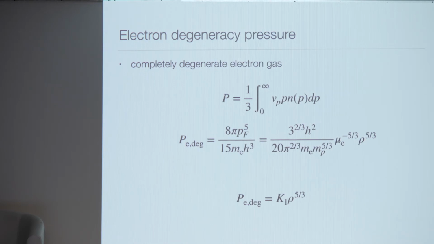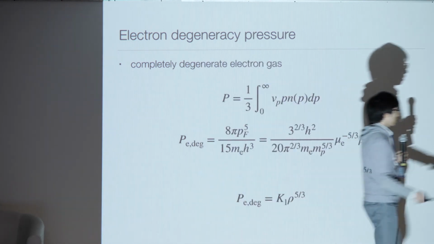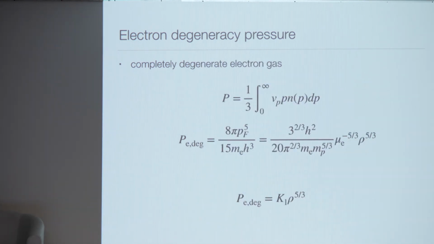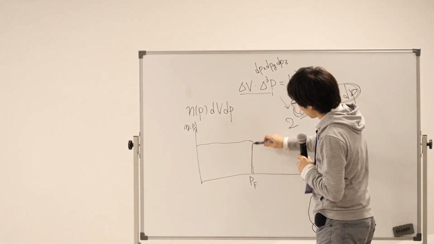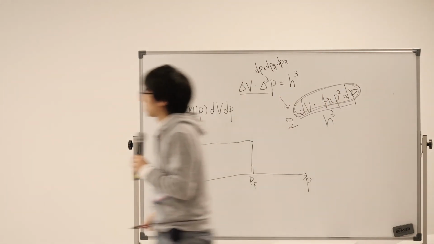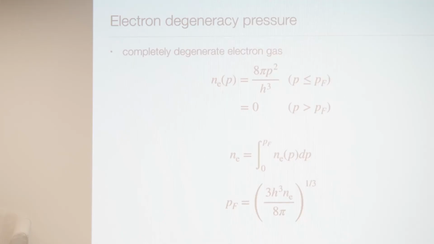So, as the electron number density increases, this Pf will go up. So this is proportional to NE, number of electrons.